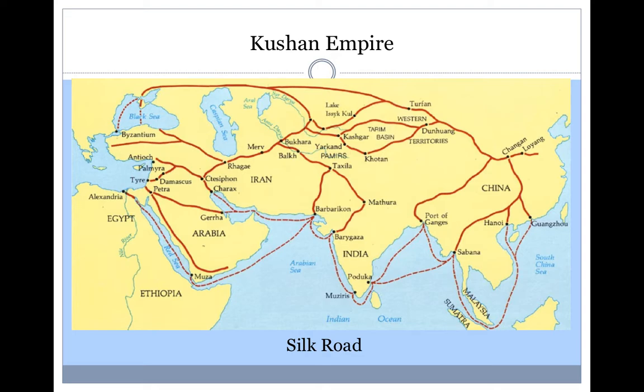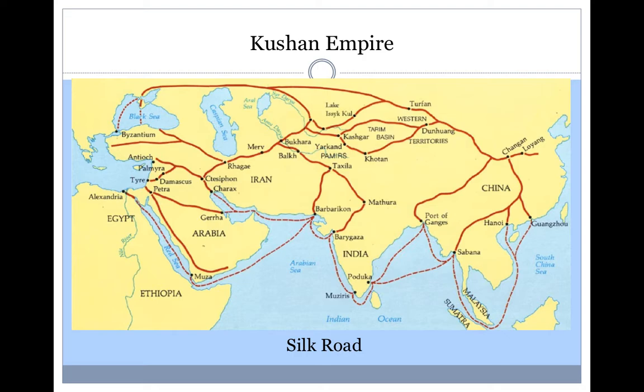And India obviously was benefiting from that because we talked about before how they had many different natural resources that were of great demand, like cotton, as well as spices and all kinds of different things that were going to be significant trades. So the Kushan Empire basically made India a very wealthy state at that time. So that was going to benefit them economically.